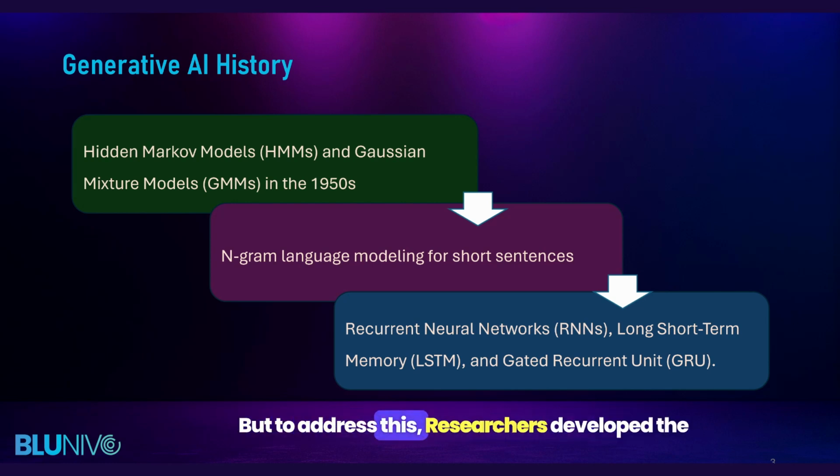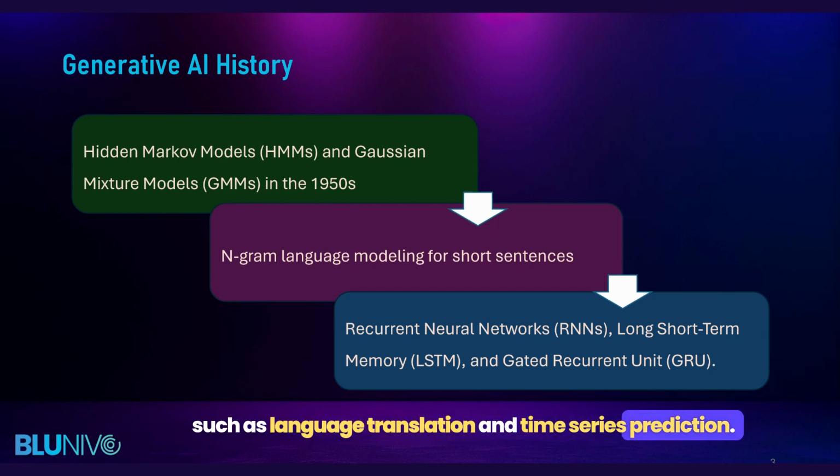To address this, researchers developed the long short-term memory model, or LSTM, around the 1990s. LSTMs had a mechanism to keep information over long periods, which made them very useful for tasks that required long-term context, such as language translation and time series prediction.